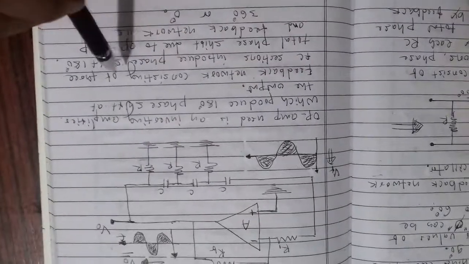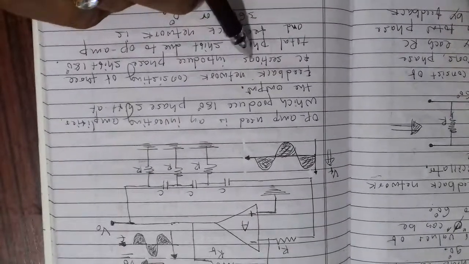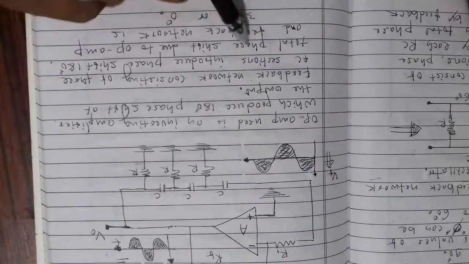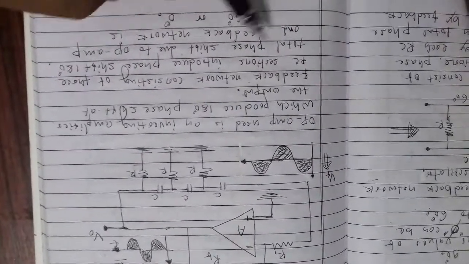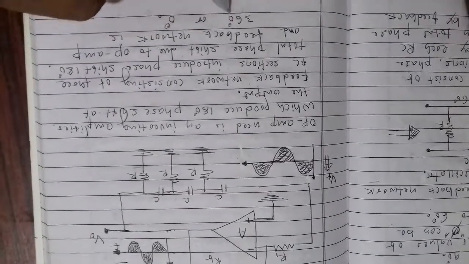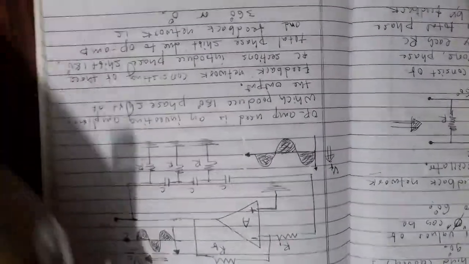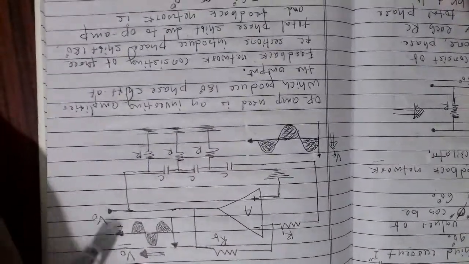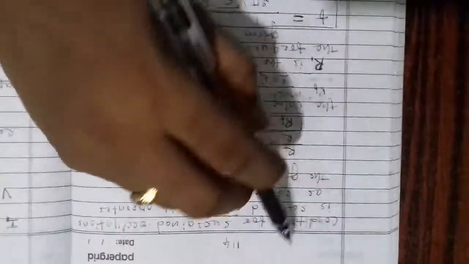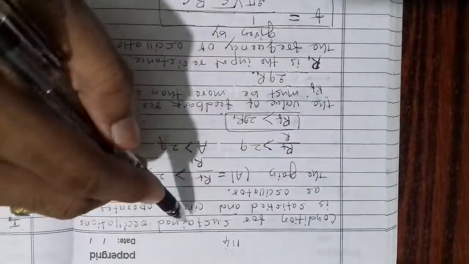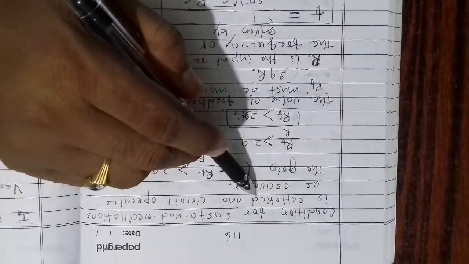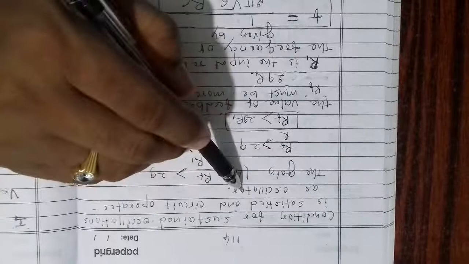The feedback network consisting of 3 RC sections introduces a phase shift of 180 degrees. Total phase shift due to op-amp and feedback network is 360 degrees or 0 degrees. Condition for sustained oscillations is satisfied and the circuit operates as an oscillator.